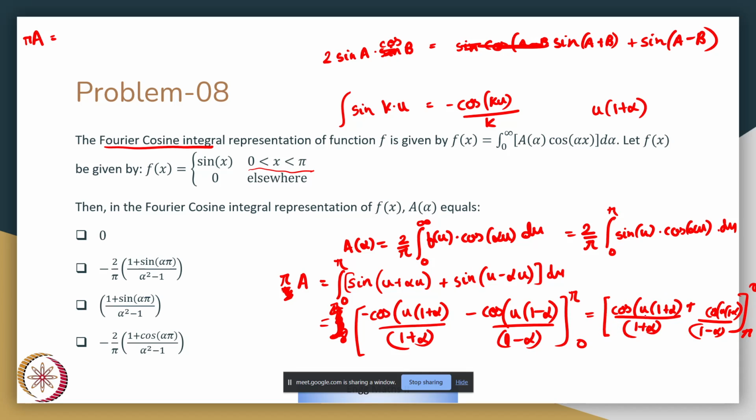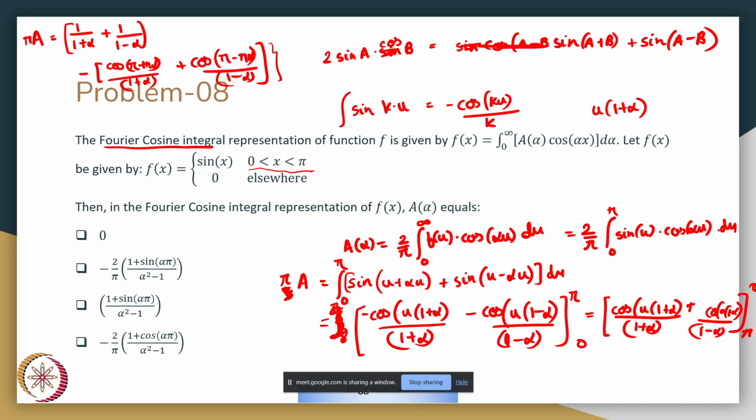If I substitute 0, I've got cos of 0, which we know to be 1, and again here is also cos of 0. So the first is 1 by 1 plus alpha plus 1 by 1 minus alpha, minus, if we put u equal to pi, it becomes cos of pi plus pi alpha upon 1 plus alpha plus cos of pi minus pi alpha upon 1 minus alpha.